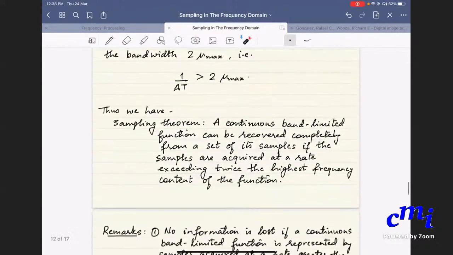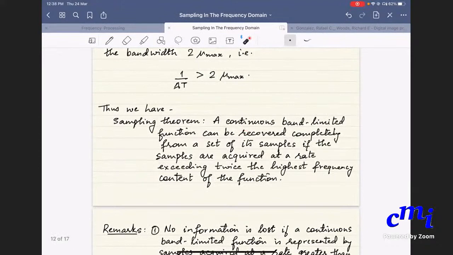That is the sampling theorem: a continuous band limited function can be recovered completely from a set of its samples if the samples are acquired at a rate exceeding twice the highest frequency content of the function. So this is the rate.